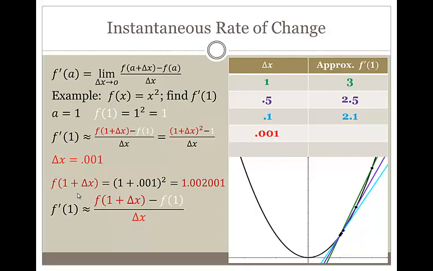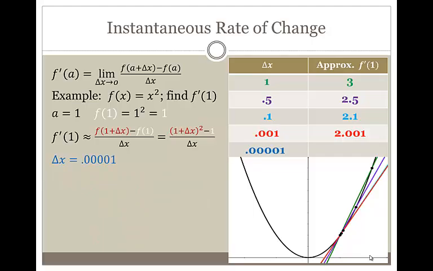Approximating f prime of 1 as we did before, we get that it is roughly (1.002001 minus 1) all over 0.001, which is 2.001. So our approximation to f prime of 1 is now 2.001. Again, we can visualize this as the slope of the line between these 2 points.